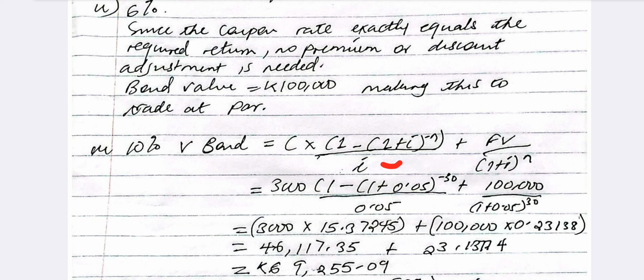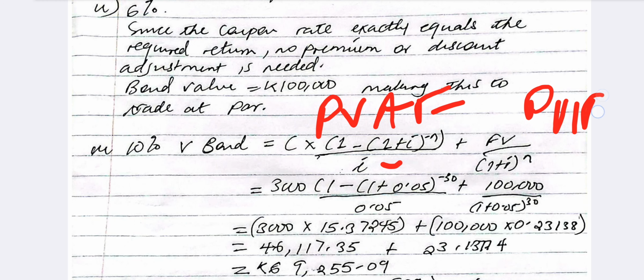When we make the computations, for our PVAF we are getting 46,117.35, and for our PVIF, we are getting 23,137.74. When we add the two together, we are getting 69,255.09.